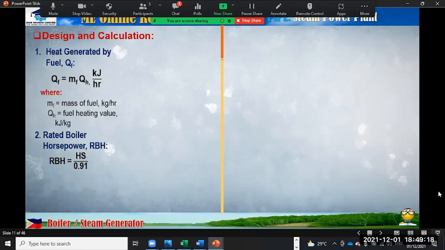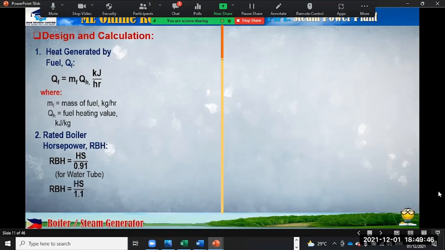So it's quite long, and so it will have a certain value for the heating surface. And then we are going to divide this one by a factor which is 0.91, and the result will be in terms of boiler horsepower or rating. The factor 0.91 is applied when it is a water tube boiler, meaning to say the one that is inside the tubing is water.